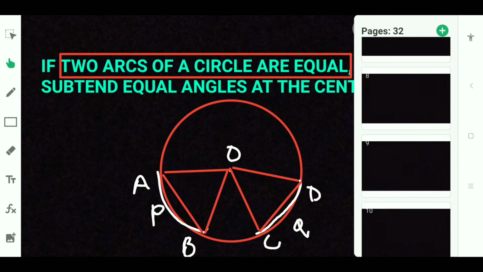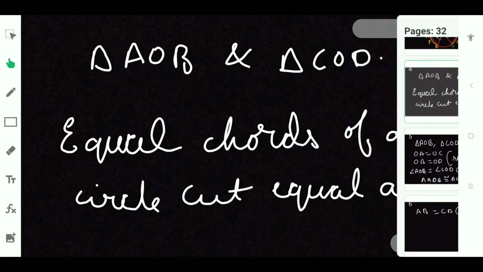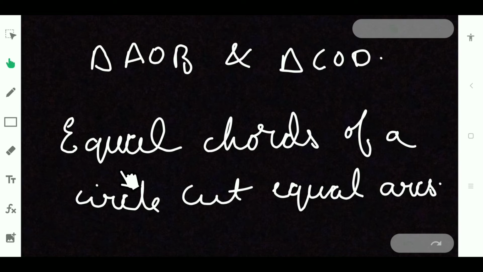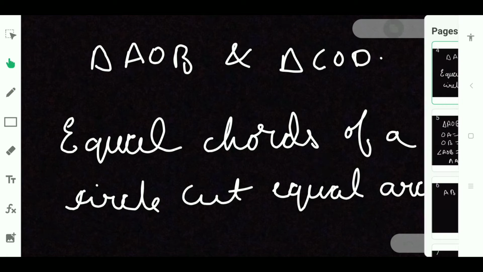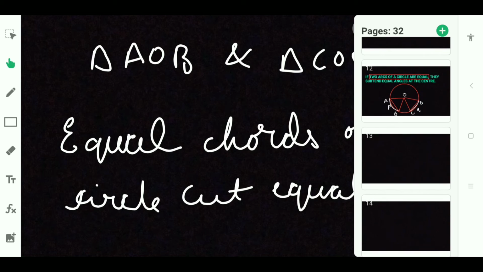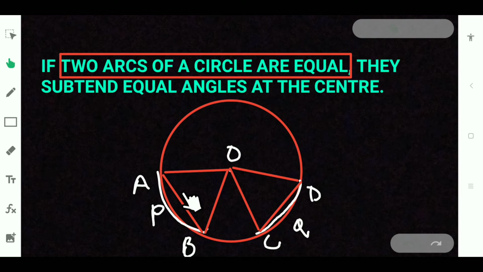You can see at this statement, equal chords of a circle cut equal arcs, and this sentence can be reversed: equal arcs of a circle cut equal chords. Means if two arcs are equal, then the chords joined to them, from tip to tip, are also equal.